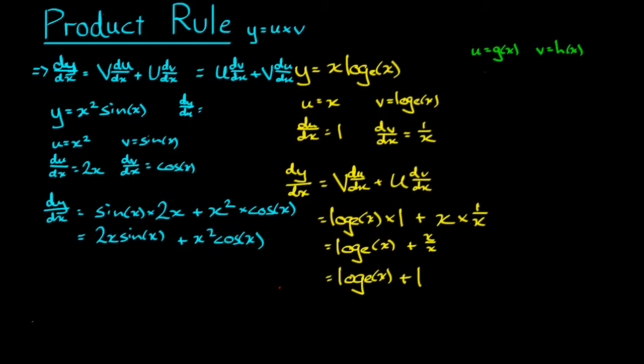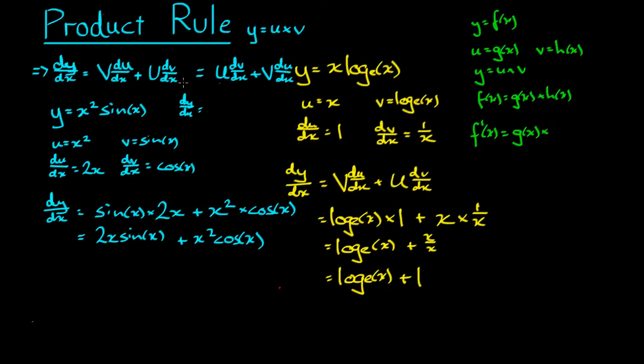So then we'll say y is equal to f of x. Instead of y is equal to u times v, we get f of x is equal to g of x times h of x. And the same formula applies if we want to find the derivative of f of x. Then that's equal to u, which here is g of x, times the derivative of h of x.